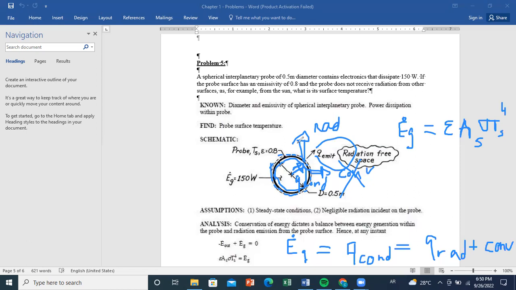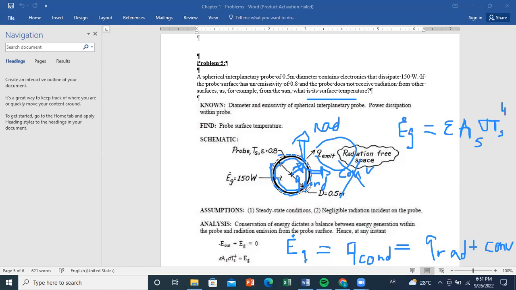Now in this equation, the only unknown is the surface temperature, so we can solve for it. In case we have several mechanisms, we might have a fourth-order equation that is not very easy to solve numerically.